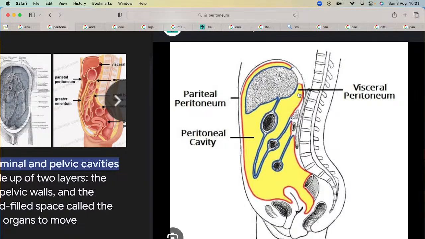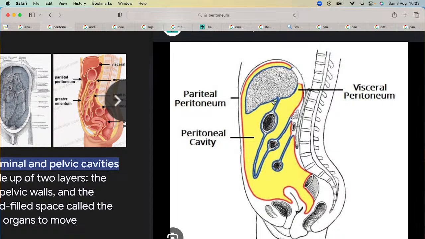Even during dissections, you might have seen there is a very tiny whitish layer that wraps around the organs, and if you're careful enough, you should be able to peel it off from the organs, especially from the liver, since it is quite a big organ itself. You should be able to remove the visceral peritoneum from that organ very easily. So essentially all the organs are hanging due to the visceral peritoneum within the peritoneal cavity, as you see in this picture.